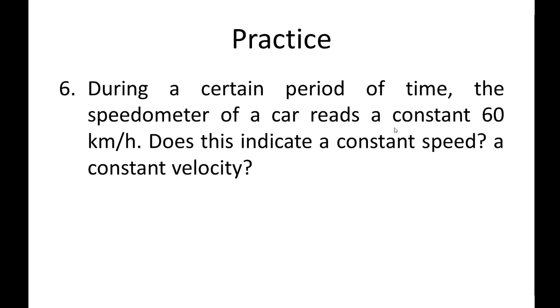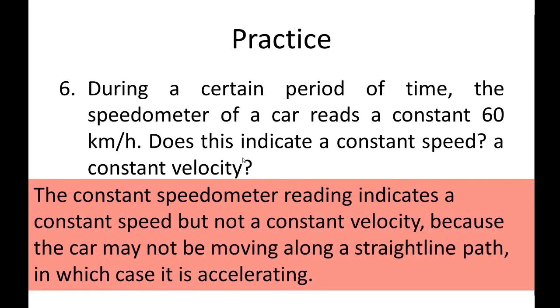The answer is: a constant speedometer reading indicates a constant speed but not constant velocity, because the car may not be moving along a straight line path, in which case it is accelerating. So it will not be at constant velocity if direction changes. And if it is not at constant velocity, then the object is accelerating.